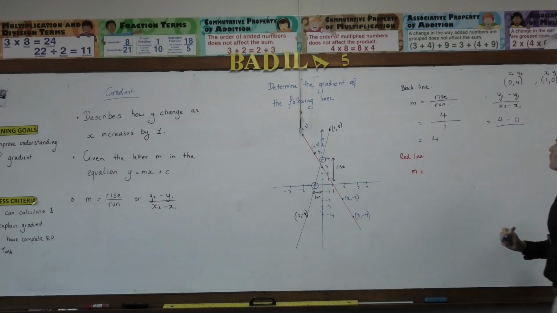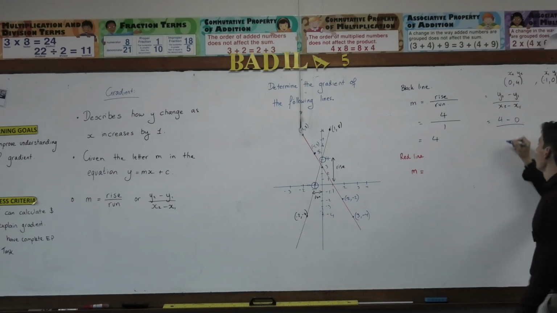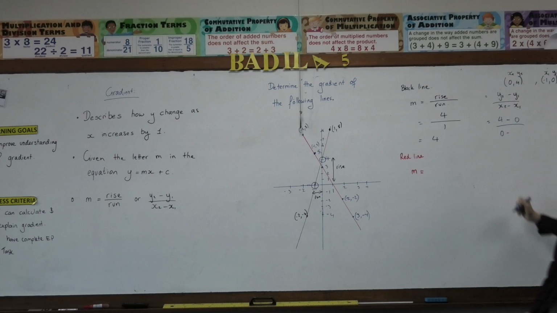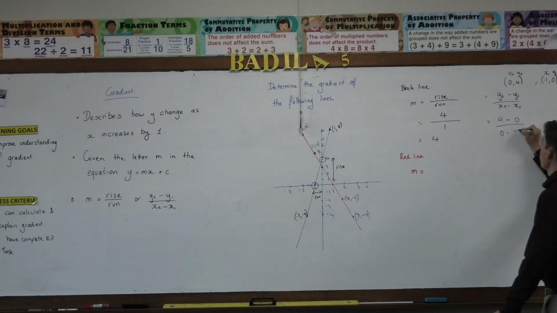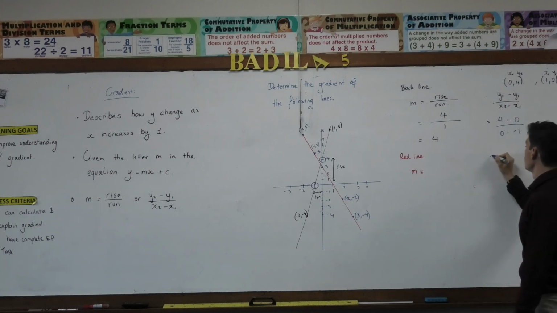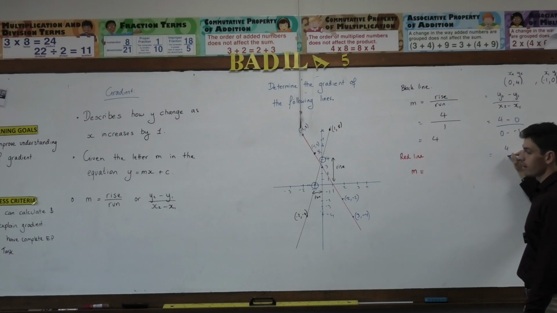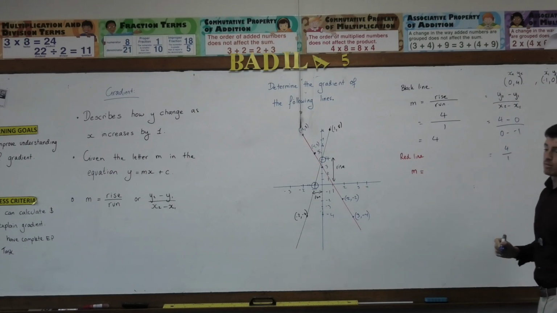Divided by what's x2? 0. Minus what's x1? -1. Make that simple for me. What's 4 minus 0? 4. What's 0 minus -1? Positive 1. So I get my answer of 4.